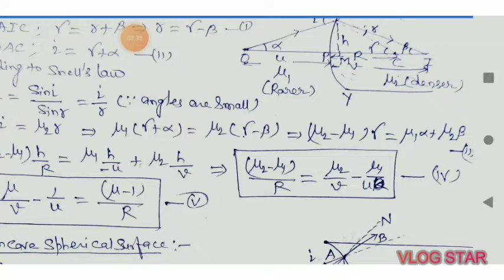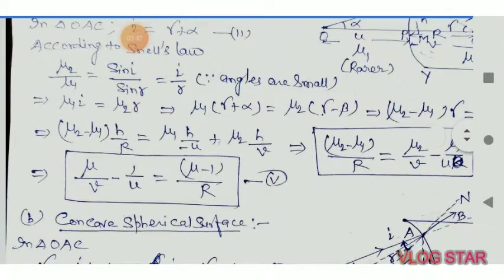Now we divide by mu1, so mu2 by mu1 will be mu. So we get the relation mu by v minus 1 by u is equal to mu minus 1 by R.